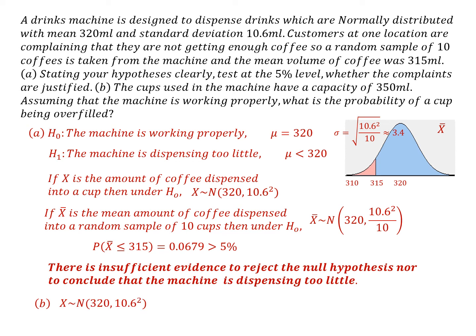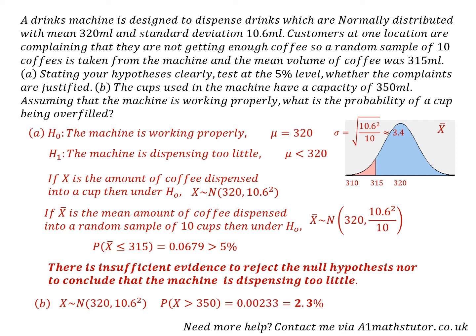So we're looking at X, the distribution of X, normally with a mean of 320 and a variance of 10.6 squared, so a standard deviation of 10.6, and we get the probability there of being greater than 350.